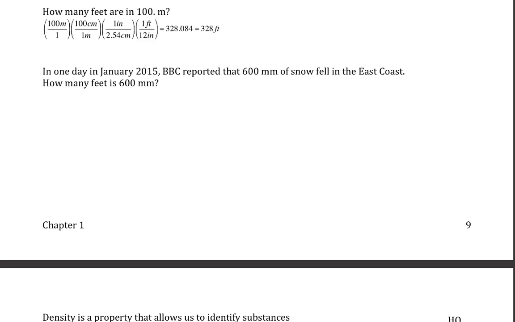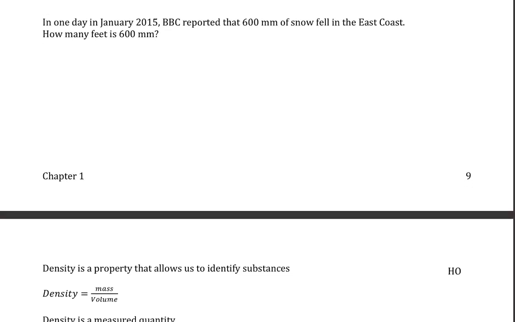Okay, so then in our calculator, we would type 100 times 100 divide 2.54 divide 12. We can ignore multiplying and dividing by 1 because that won't change our answer any. So in our calculator, we might see, for example, 328.084, which we would round to 328 feet. So here's another problem for you to work on.